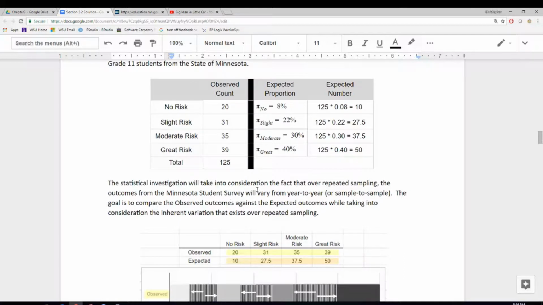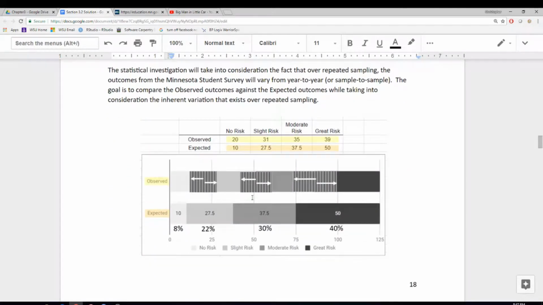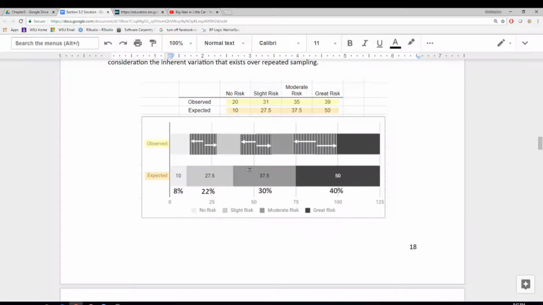So we're using the information from this particular year to try to generalize what we can say about opinions in Fillmore County for grade 11 students. So we have the observed data, again the 20, 31, 35, 39, but there's going to be some margin of error or some variation from year to year, as I just stated, in these numbers.